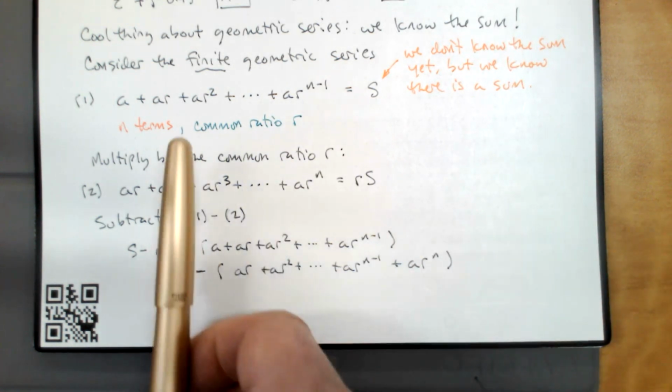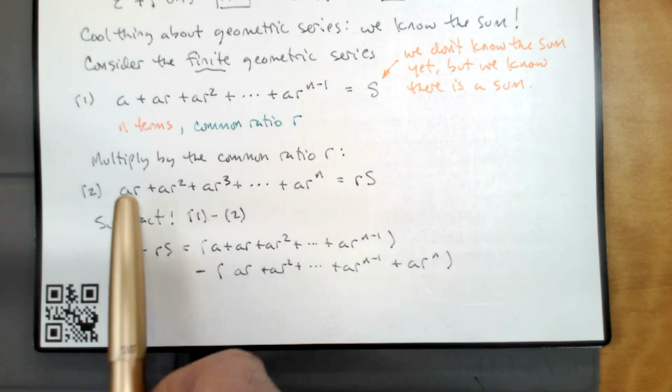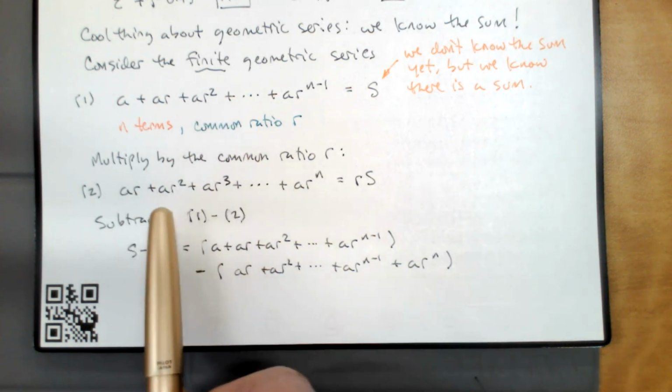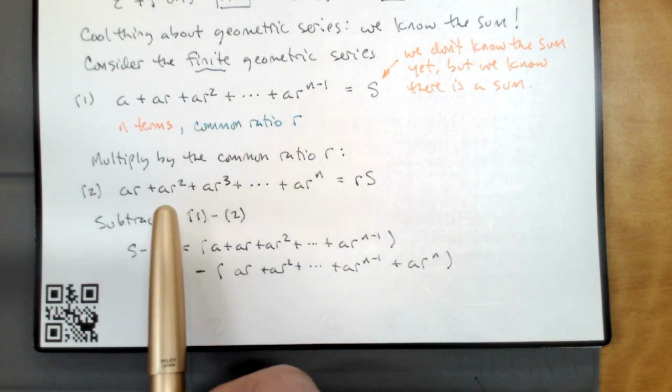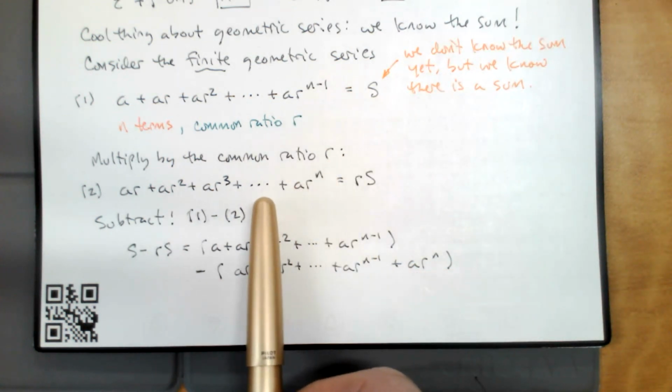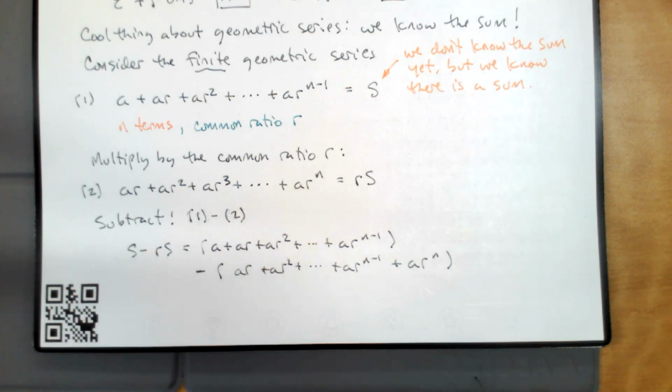So the ar from line one cancels out the first term from line two. The third term from line one cancels out the second term from line two. The nth term from line one cancels out the n minus first term from line two. The only ones that they don't have in common are a and ar to the n.